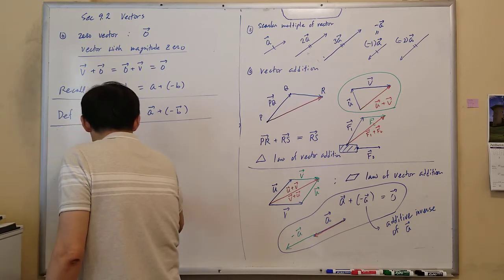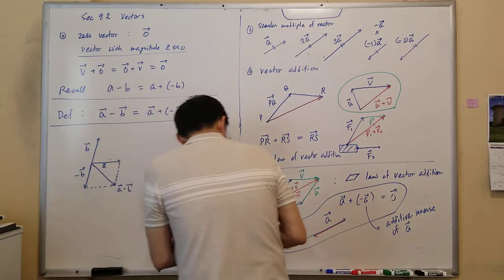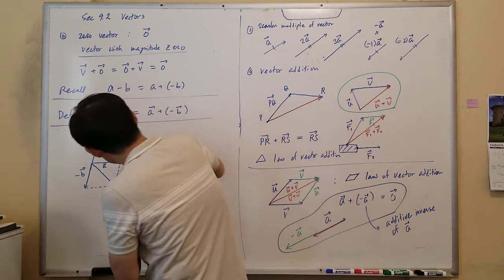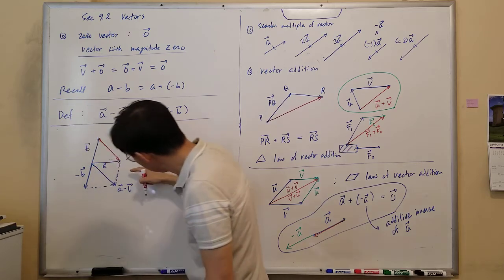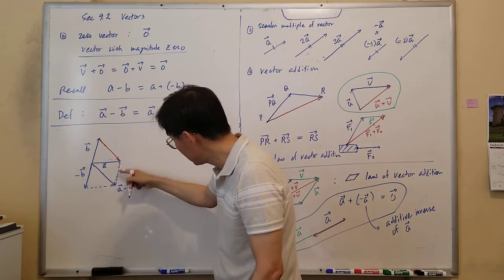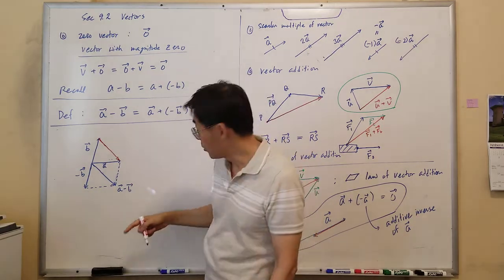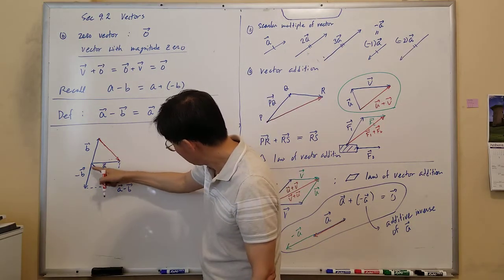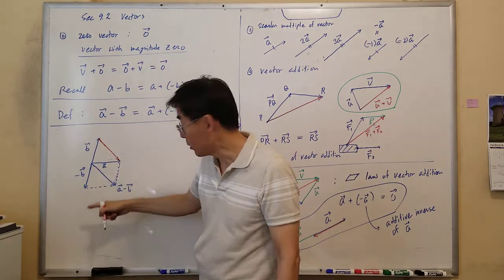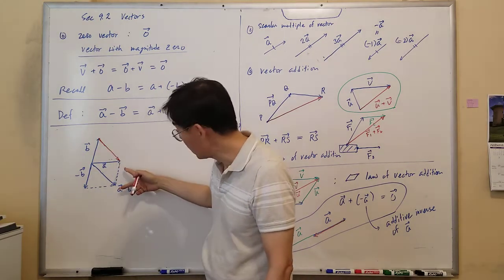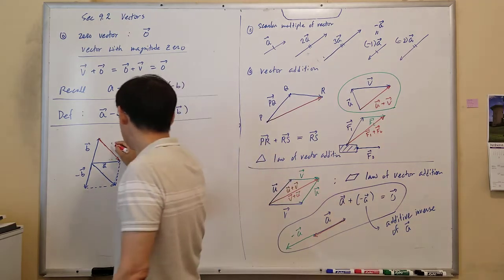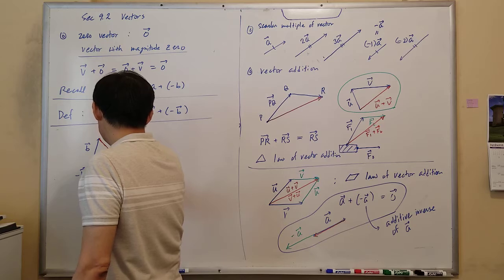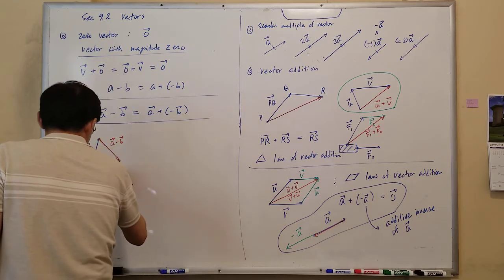Now if you connect this, this is B. These two are parallel and congruent, and these two are also parallel and congruent, so it makes a parallelogram. So this will be the same as this vector, right? So now we focus just on this.